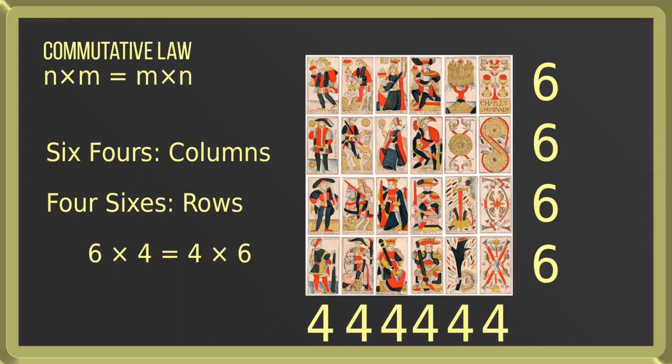If we count by rows, then the total number of cards is 4 times 6. On the other hand, counting by columns yields 6 times 4. So 4 times 6 equals 6 times 4. This is the commutative law for multiplication of natural numbers.